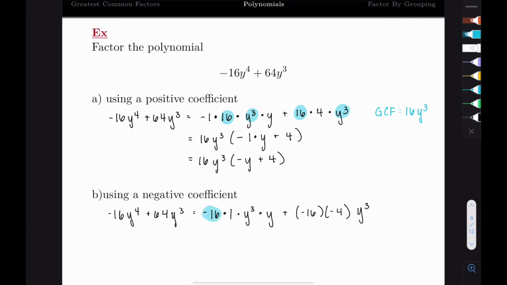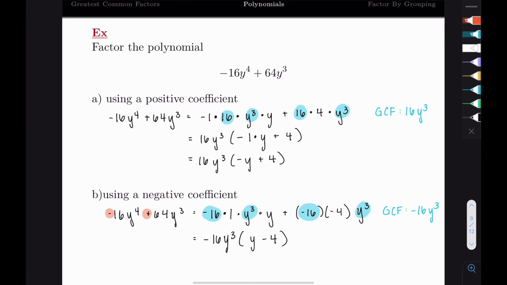So we're going to take out the minus 16 from both pieces and the y cubed to get the greatest common factor with a negative sign out front being the same as the one above, really. So if we take out the minus sign as well, all that ends up doing is leaving it with a positive y and a minus 4.